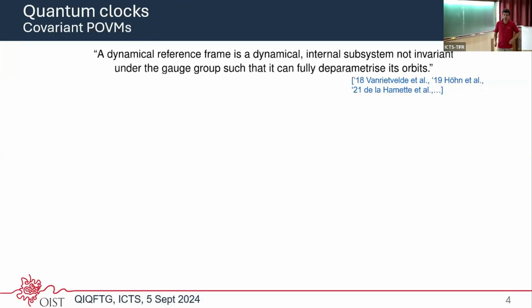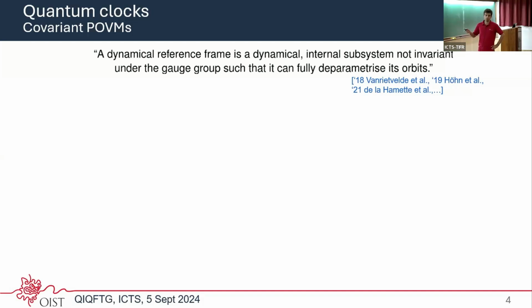So let us begin by talking about these clocks, or more generally, let us define what a quantum reference frame is. Whenever you have a theory with some gauge group which acts as a constraint, we want to look at states that are invariant under this constraint, and an algebra which is invariant under this constraint as well. So what we do is we create a dynamical reference frame by taking a subset of the kinematical degrees of freedom, which are as gauge variant as possible under the same gauge group, such that they can nicely deparameterize the orbits, and then we can describe the remaining degrees of freedom relative to this reference frame, such that the description becomes gauge invariant.